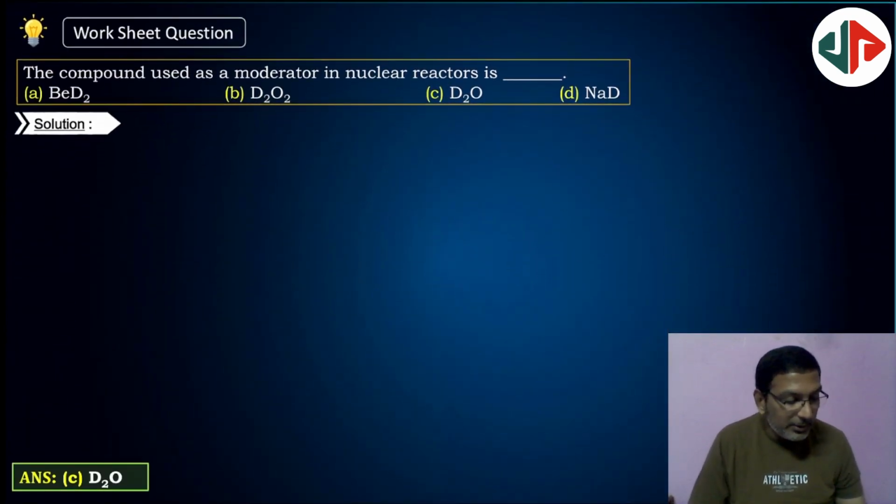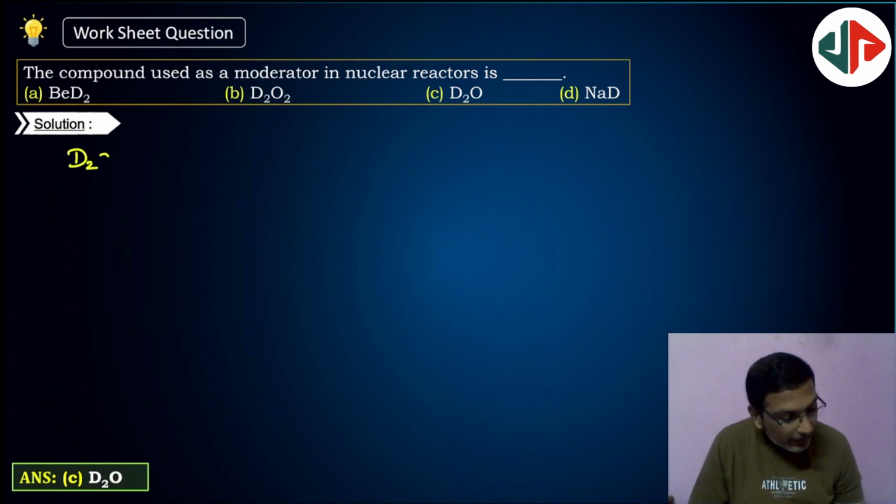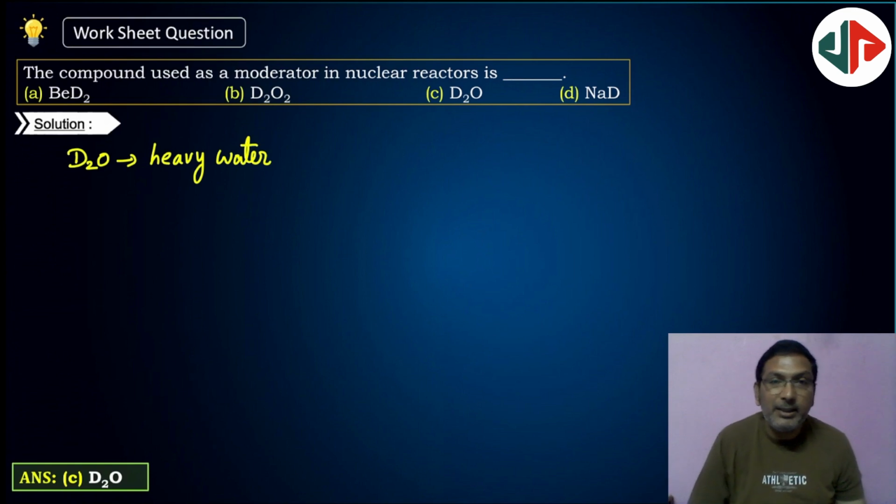The compound used as moderator in nuclear reactors. Now only we have discussed D2O. D2O is heavy water. It controls the speed of neutrons in nuclear reactors. Therefore, it can be used as moderator.